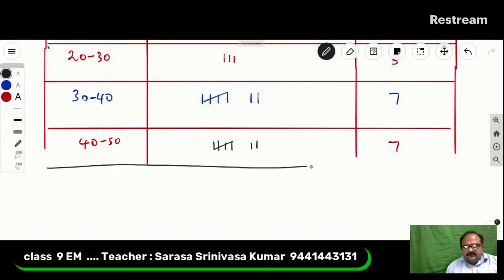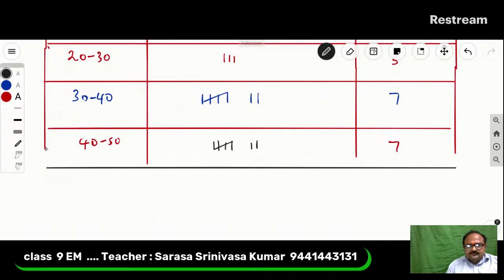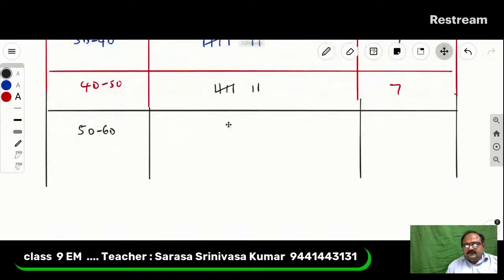Next we write 50 to 60. The frequency of the 50 to 60 class interval is 7. We counted all this: 1, 2, 3, 4, 5, 6, 7.